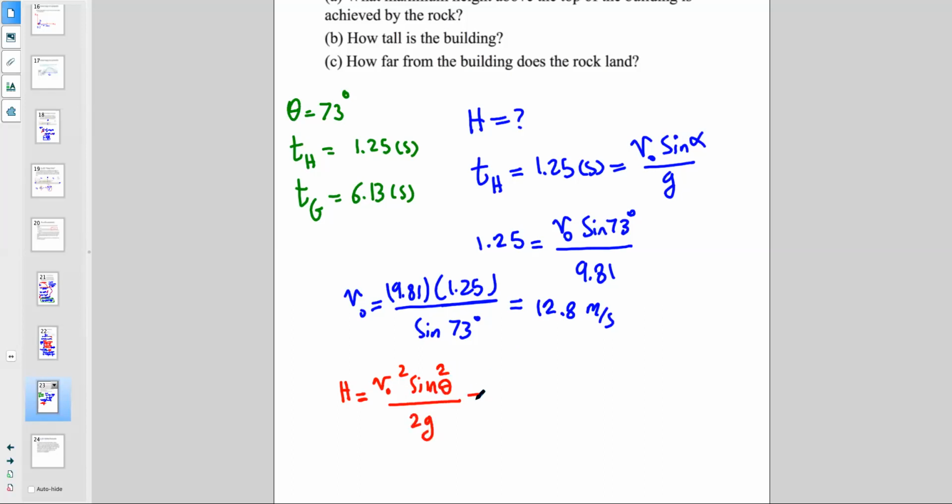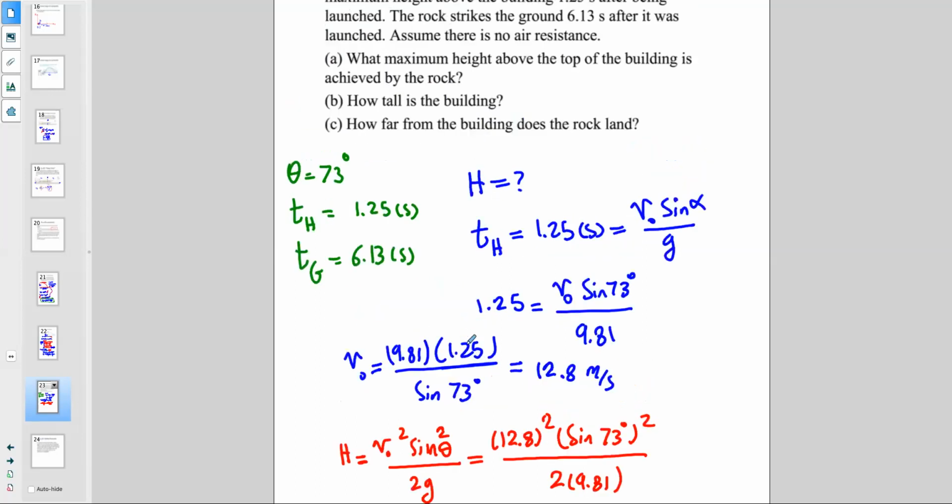Okay, now we have V0, so 12.8 squared, times sine of 73 degrees squared, over 2 times 9.81, which is the g.